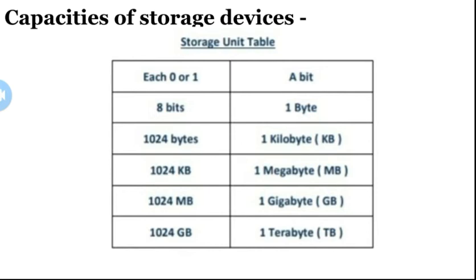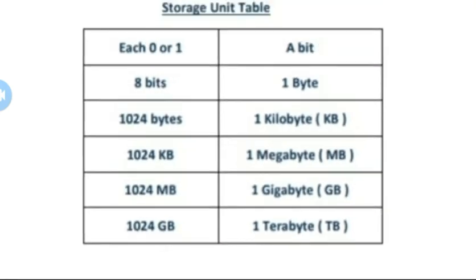Capacity of storage devices. Students, this is a very important topic. Each 0 or 1 is called a bit. 8 bits is equal to 1 byte and 1024 bytes equal to 1 kilobyte. Kilobyte means KB. 1024 KB means 1 megabyte, MB. 1024 MB equal to 1 gigabyte, GB, and 1024 GB is equal to 1 terabyte.